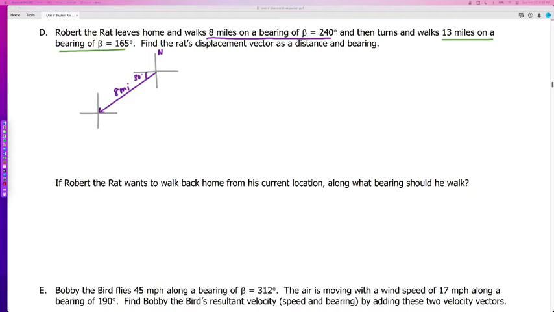So from true north, we're going to go really close to 180, almost imperceptible. And we're going to make sure also that it's longer than that 8 miles. That's that 15 degrees. And this is 13 miles. Okay, my vector also needs a tail and a head, so I need an arrowhead in one location there. And then the resultant vector is from the start to where we ended. We are looking for the magnitude of that vector and its direction or bearing.